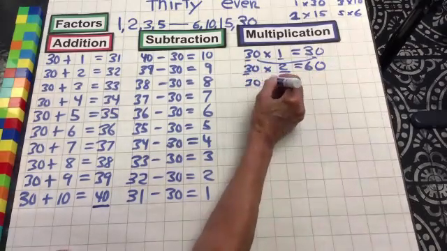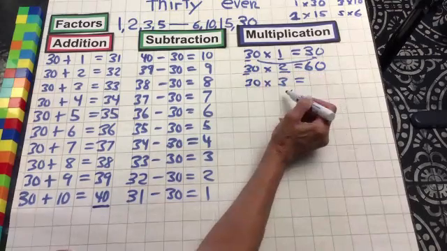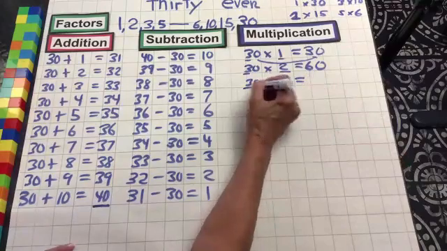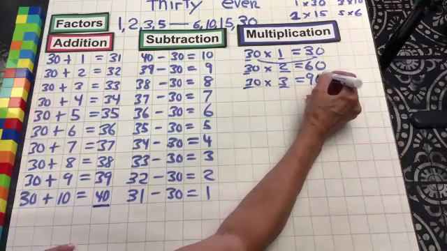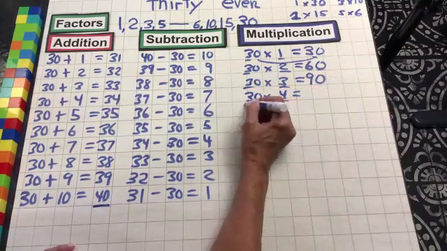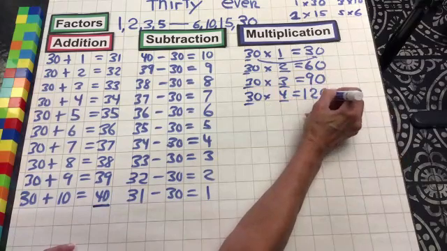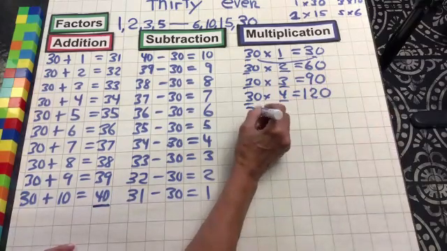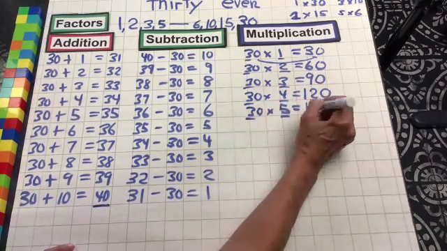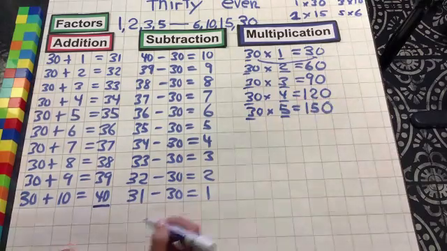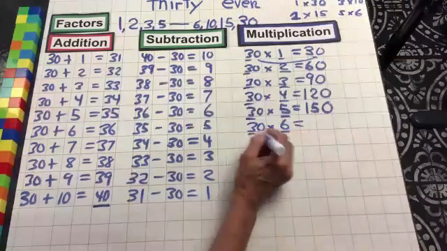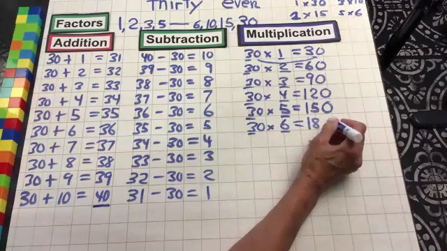Let's do 30 times 3 equals. There's different ways to do everything, so just honor you and do it the best way you can. 3 times 3 is 9 with a 0. 30 times 4 equals 4 times 3 is 12 with a 0. 30 times 5 equals 5 times 3 is 15 with a 0. 30 times 6 equals 6 times 3 is 18 with a 0.